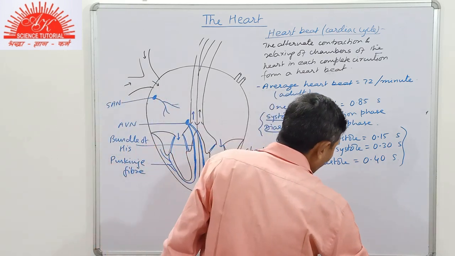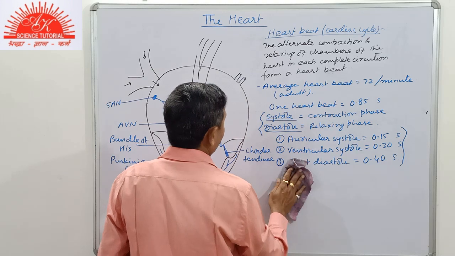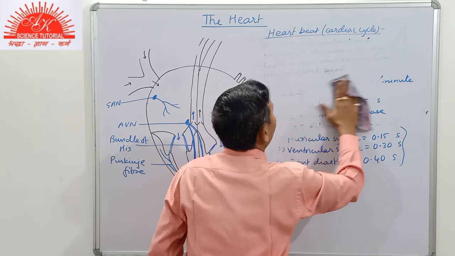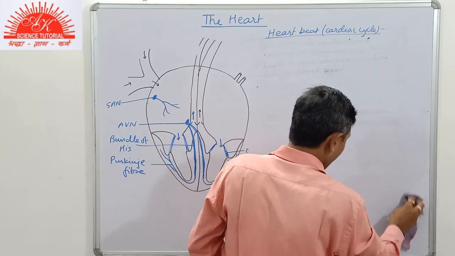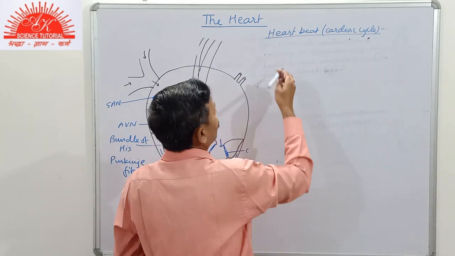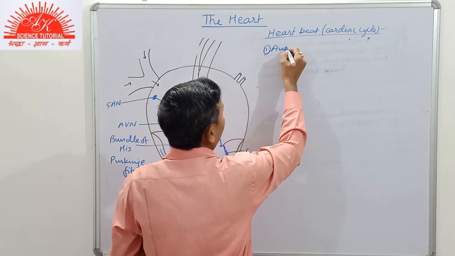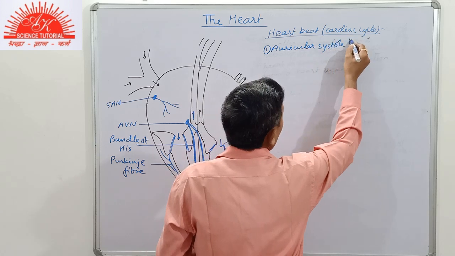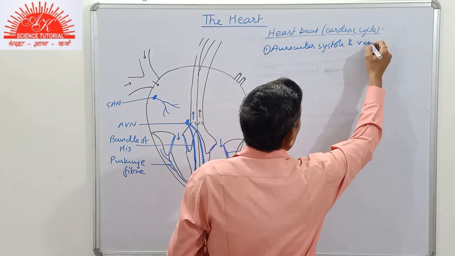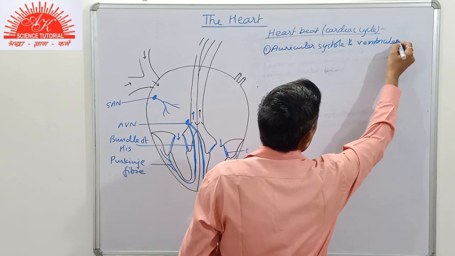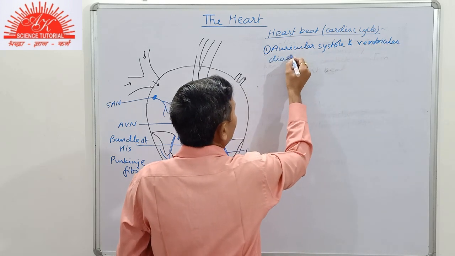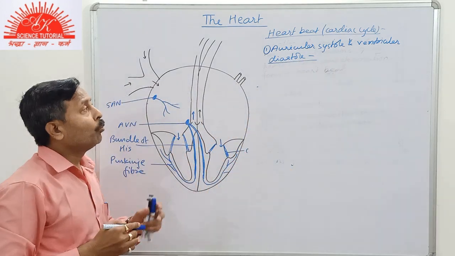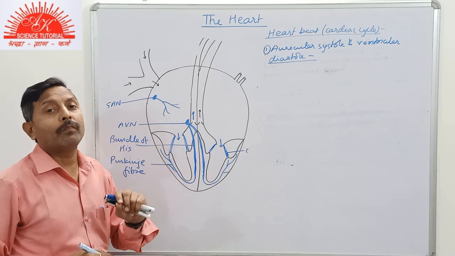Now, students, one thing about the cardiac cycle is asked, which takes place in two phases: auricular systole and ventricular diastole. So further here we write auricular systole and ventricular diastole. Actually at that time, students, we have to write which valve will be opened and which valve will be closed.